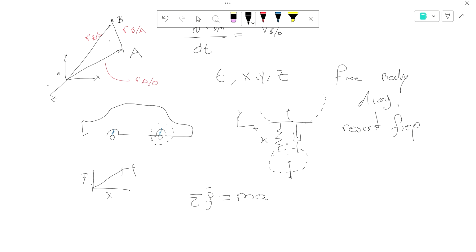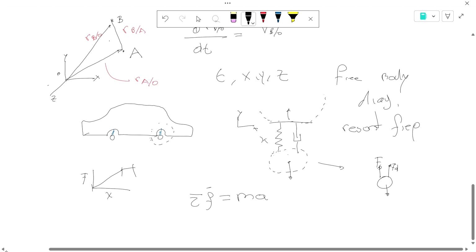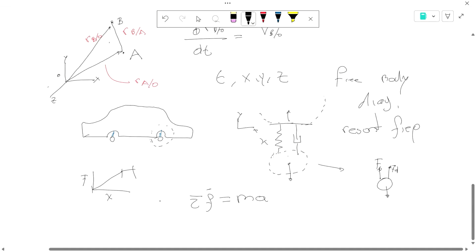Well, from our body diagram, the tire has a weight, and then we have a force up. Remember, we're lifting the car, and the damping force, F damping and F spring. So let's do summation of forces.